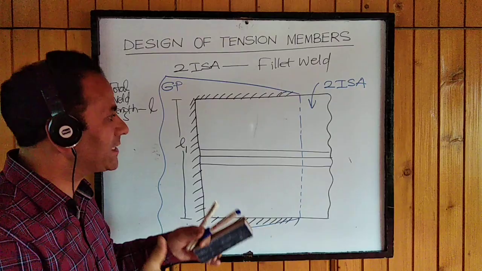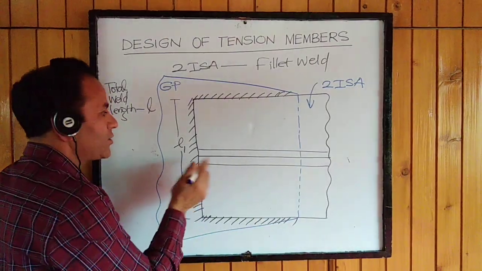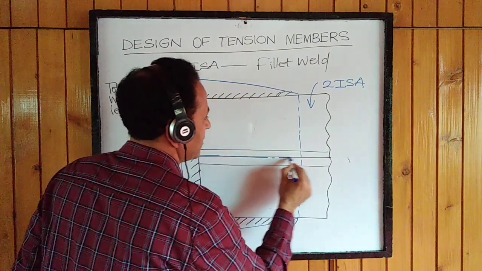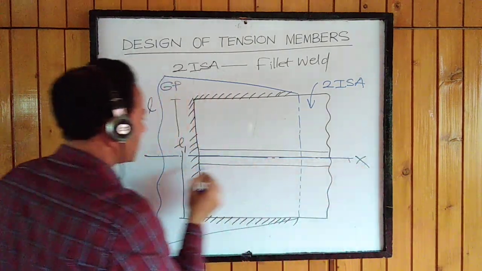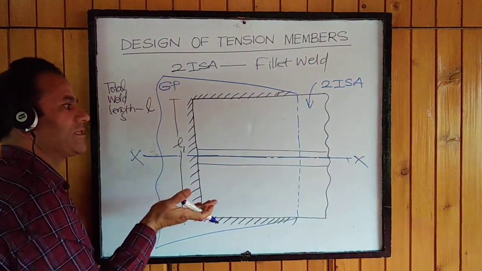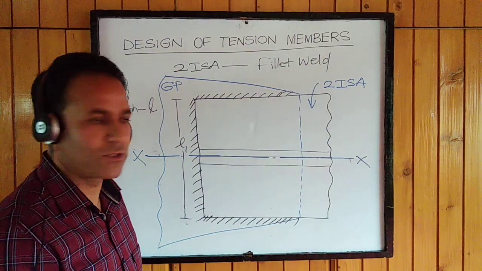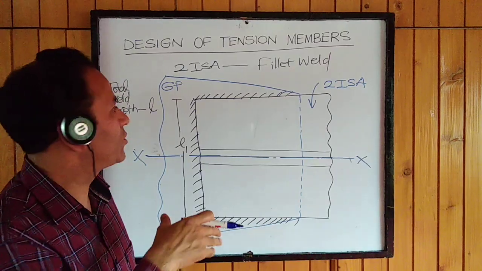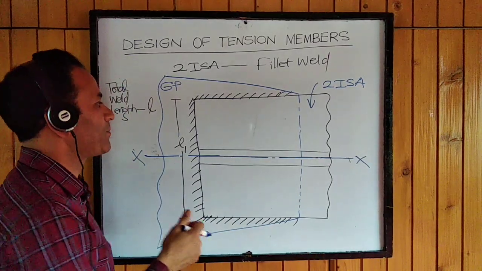But when two unsymmetrical angle sections combine together, this is the position of the CG. This is now the x-axis, which is centrally located. So this becomes symmetrical when we provide angles on the same side of the gusset plate.